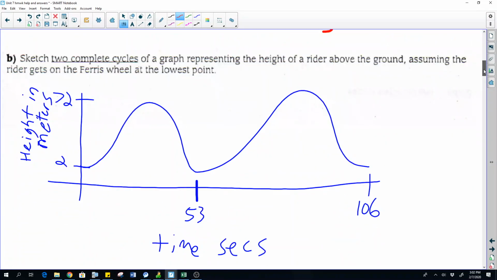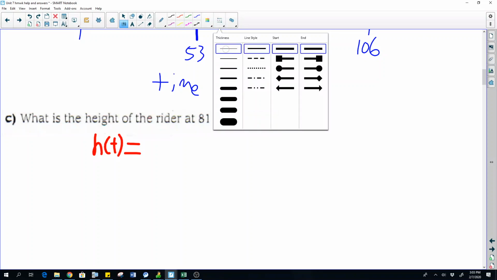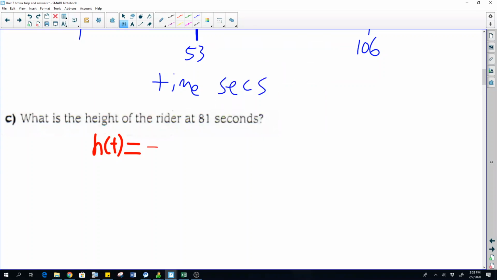So I can write that out for you if you want to write it out with me. We're going to go y equals, or even we say h of t actually, right? So h of t equals negative, and the amplitude was 35, and then cosine of, and our period was 2 pi over b, 2 pi over 53.